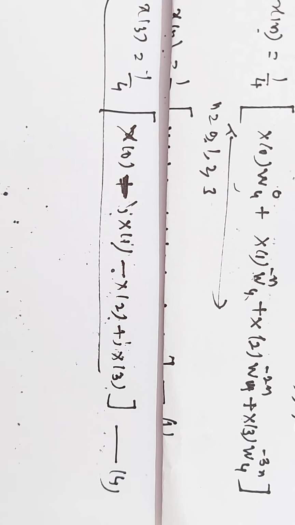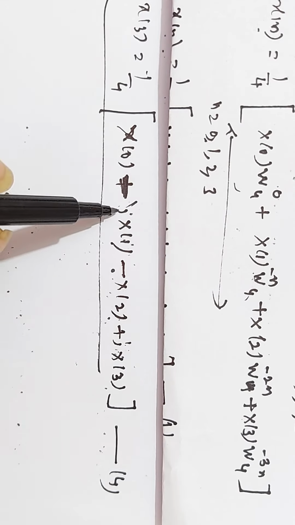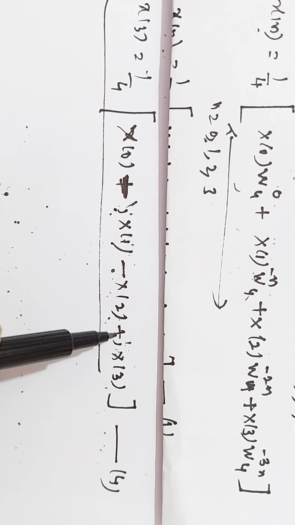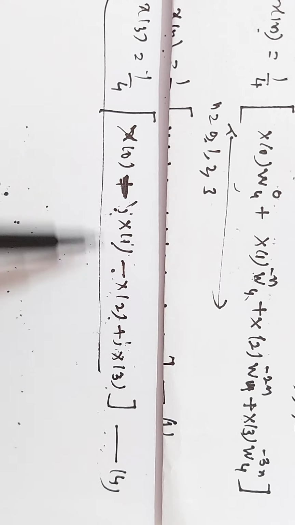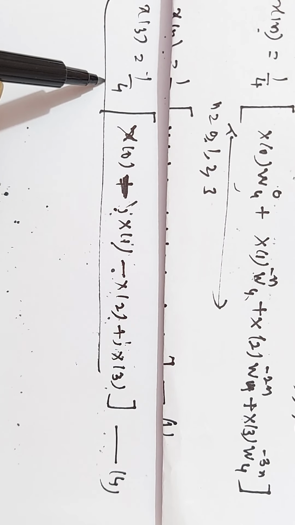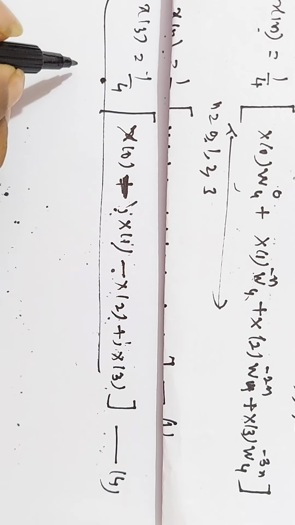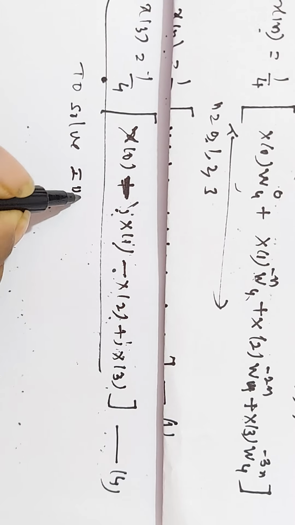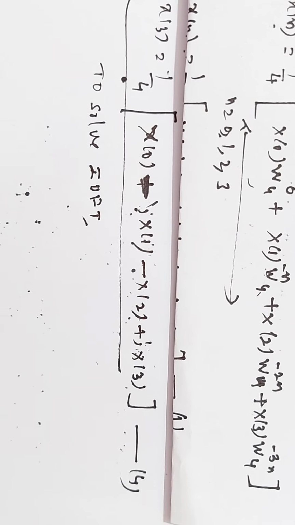If you know those four equations to solve the 4-point DFT, the only thing you have to change is plus j into minus j and minus j into plus j, and also the entire thing is divided by the number of points. That is the only difference. So to solve the IDFT, there are two differences.